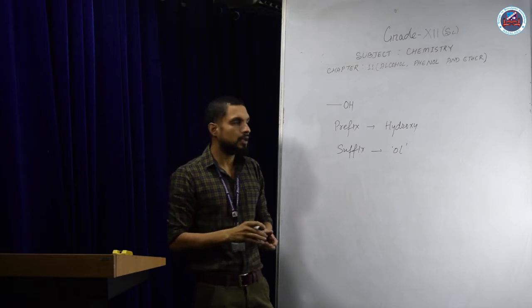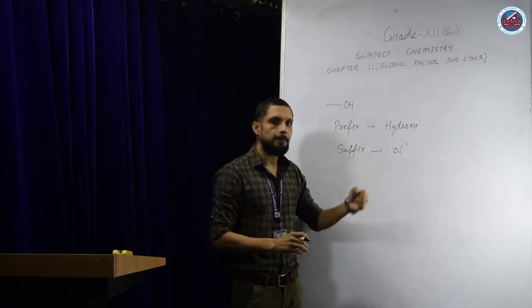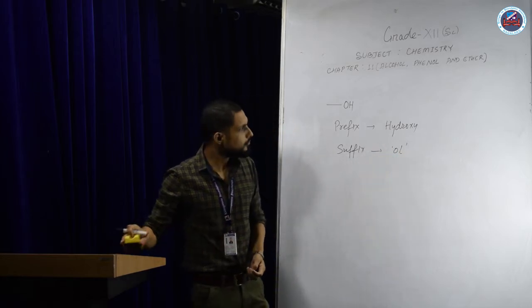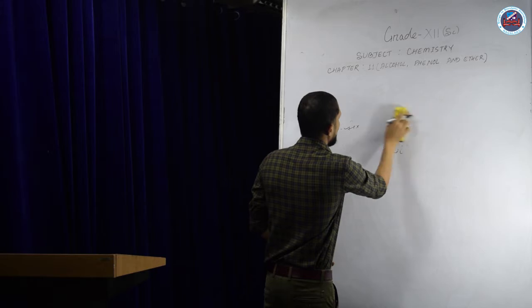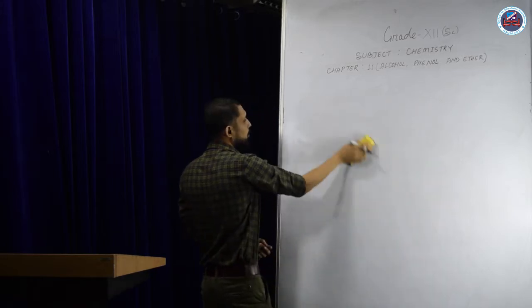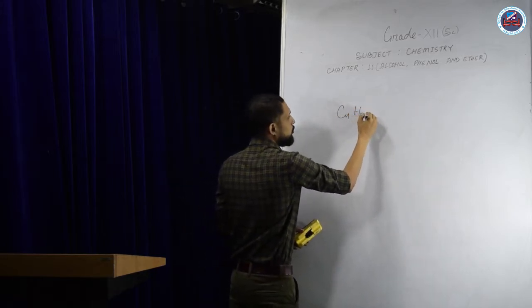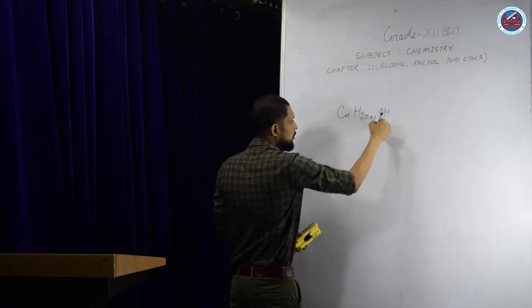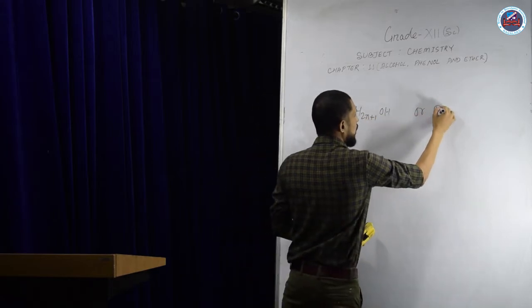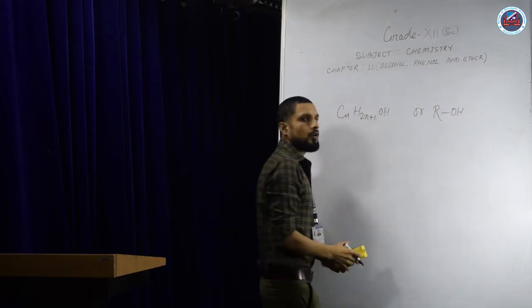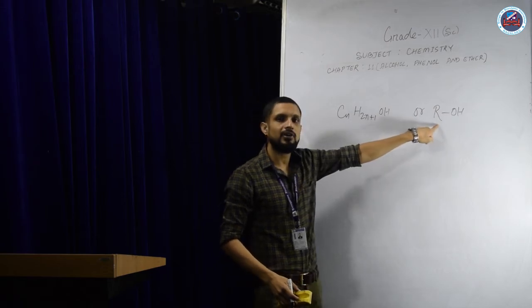So, in alkane, E is replaced by OL. Now, the general formula for alcohol is CnH2n+1 OH or ROH, where R represents alkyl group.